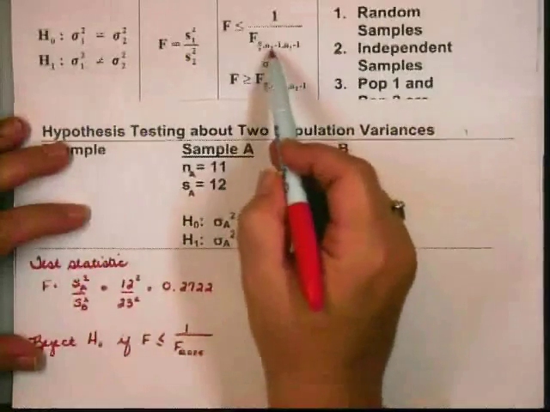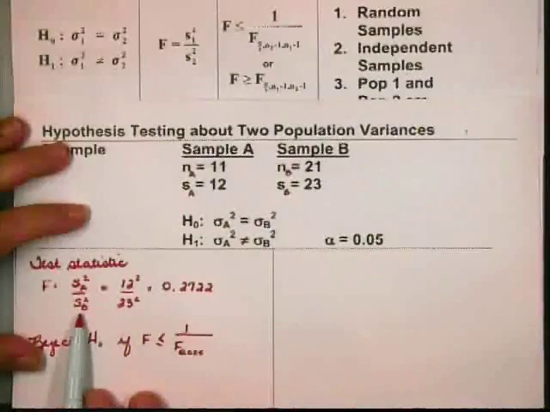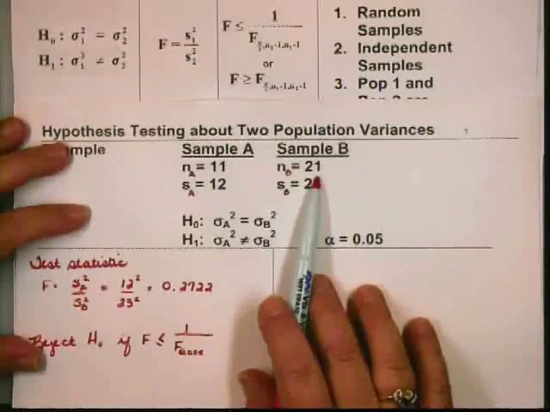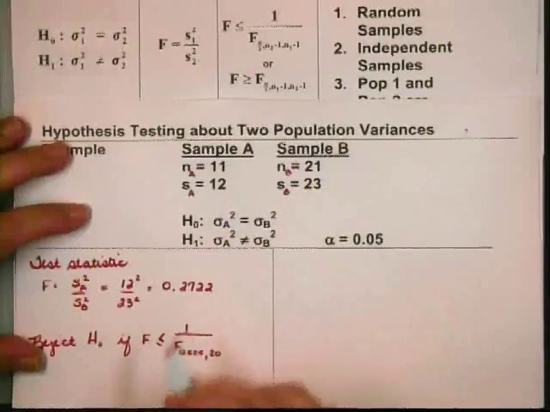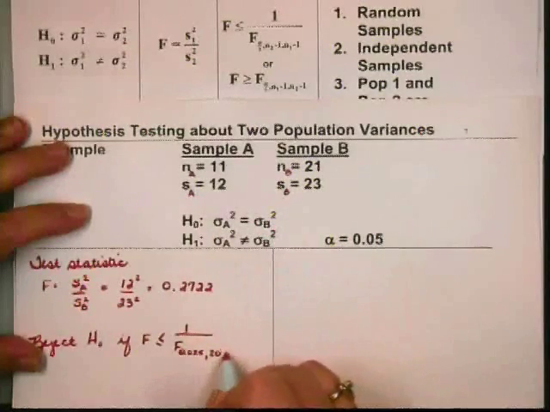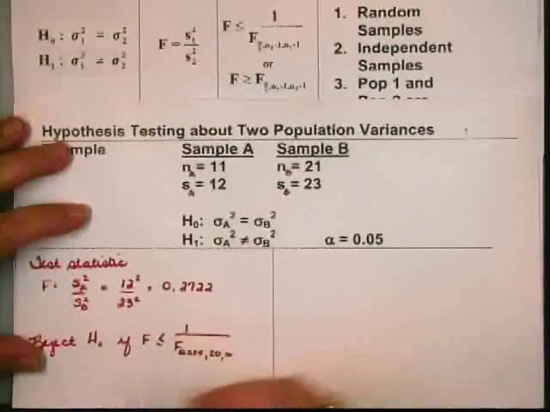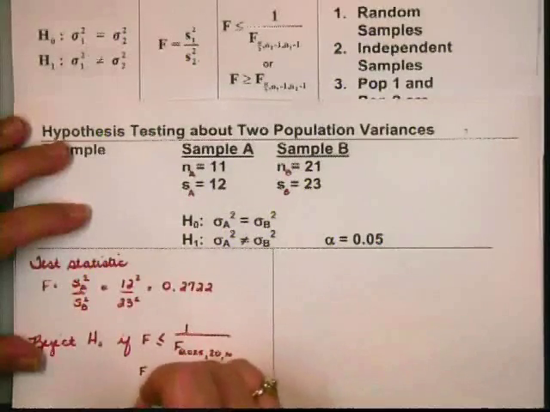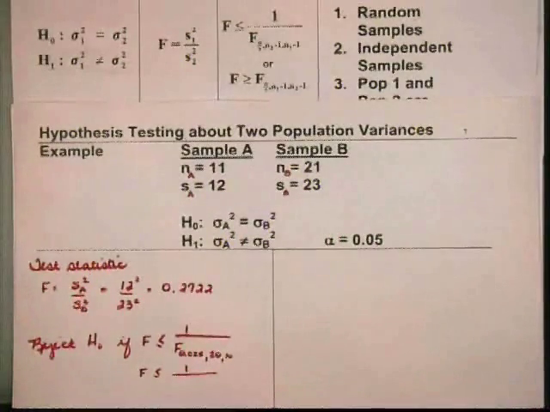All right, switch denominator degrees of freedom. As I set this up, B was in the denominator, so the denominator degrees of freedom for B is 20. Numerator degrees of freedom are 10. And so that would be if F is less than or equal to 1 over what value? Go to the table for 0.025.